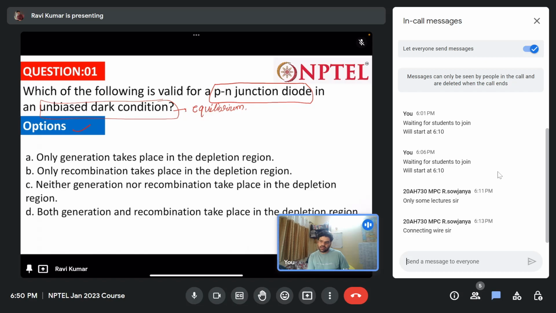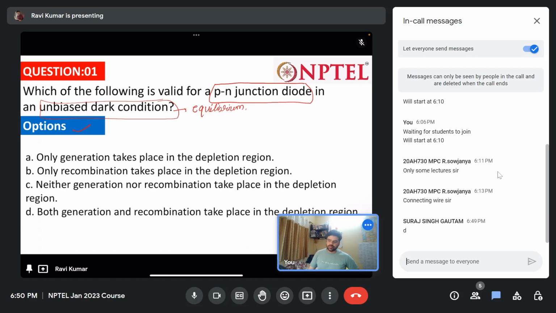So what happens in case of equilibrium? What was happening in this depletion region?